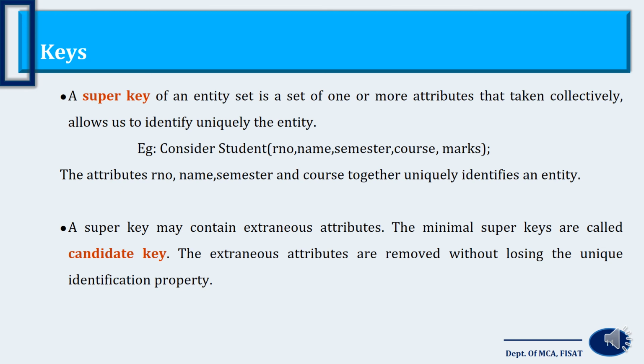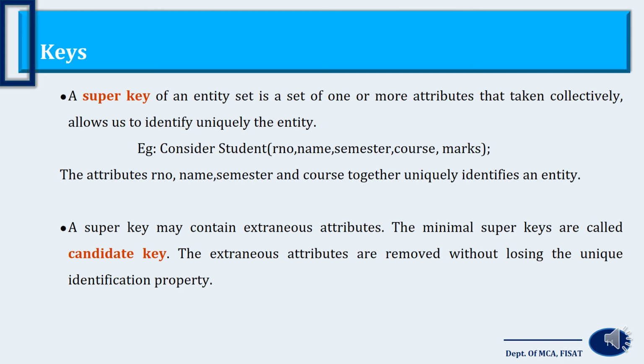For example, we are considering a student in an MCA course. We can have the attributes roll number, name, and semester. Those three attributes together uniquely identify a particular student entity, right? So one of the attributes from the super key is removed, but we are not losing the unique identification property.